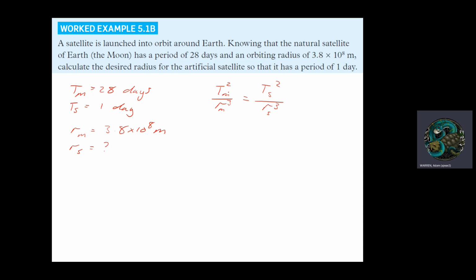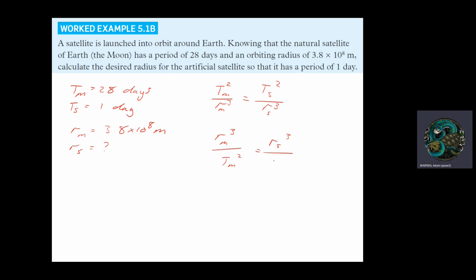Now, let's just look at this for a second. 28 squared over 3.8 times 10 to the 8 cubed is going to be a very small number. And over here, we're going to have 1 over that. Well, let's make our life a little bit easier. We can quite easily rewrite this as radius cubed over period squared equals radius of satellite cubed. R, even worse R than before.